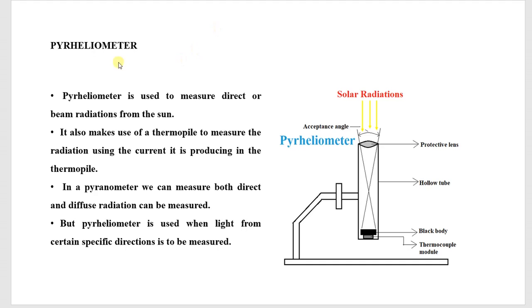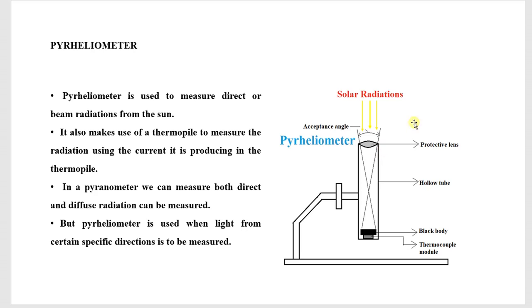Now, another device is the heliometer. This is the structure of a heliometer. It's almost like a pipe, and at the bottom of the pipe there is a black surface, and below the black surface the thermocouple module will be arranged, as in the case of the pyranometer.